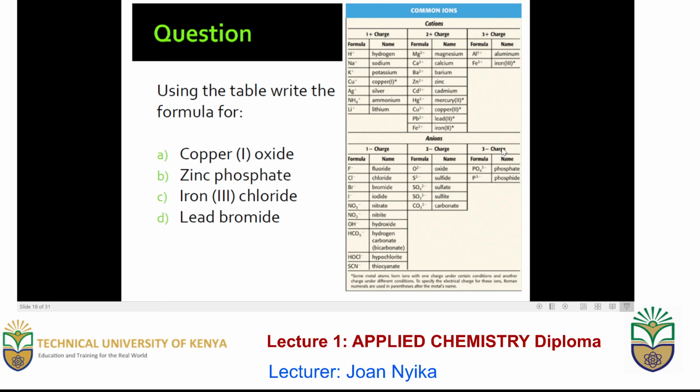Those with a negative charge of 3, such as phosphide and phosphate, require gaining 3 electrons to become stable, or what we are referring to as an octet state. Using this knowledge and this table, please write the formulas of copper 1 oxide, zinc phosphate, iron 3 chloride, and lead bromide for your practice. Thank you.